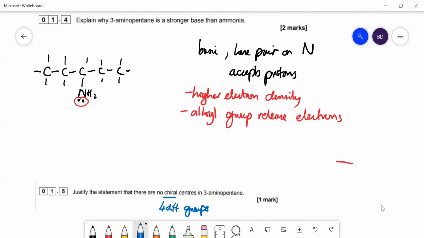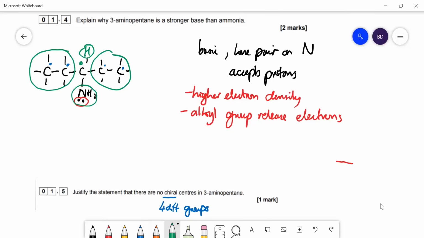And that obviously excludes that carbon because it's got 3 hydrogens, that one's got 3, that one because it's got 2 hydrogens, and that one's got 2 hydrogens. Let's look at the only possible candidate for being a chiral center, this green one here, but that's got an amine group. It's got a hydrogen attached, that's different, but it's got 2 ethyl groups, okay? So it doesn't have a chiral center.